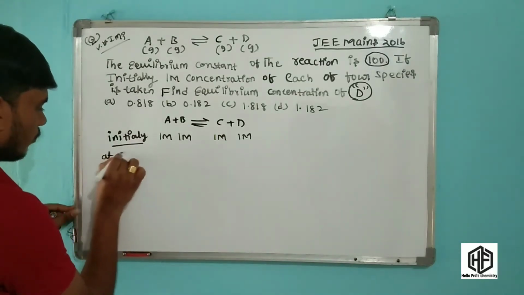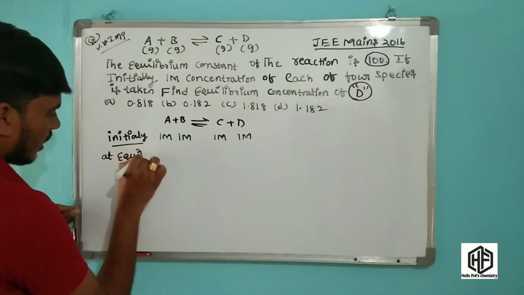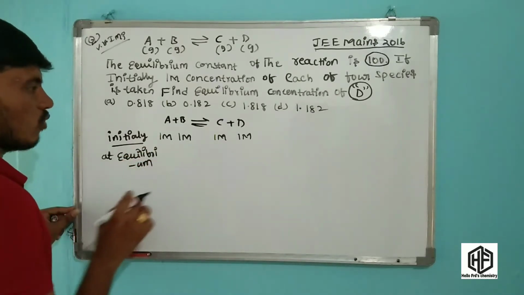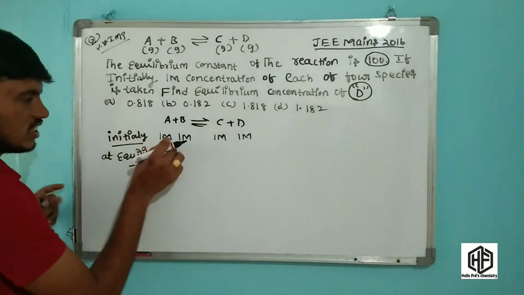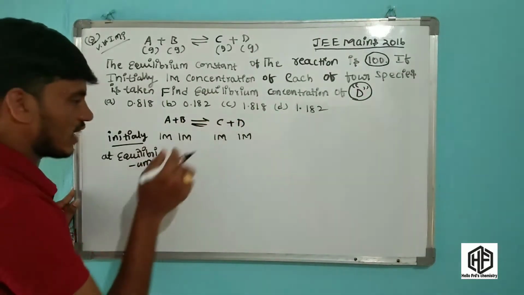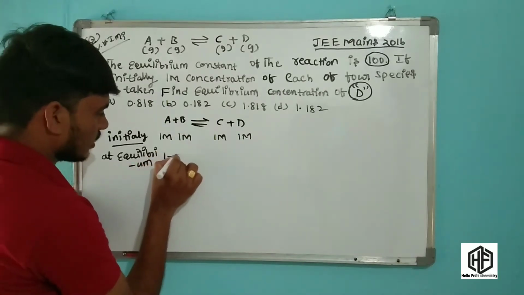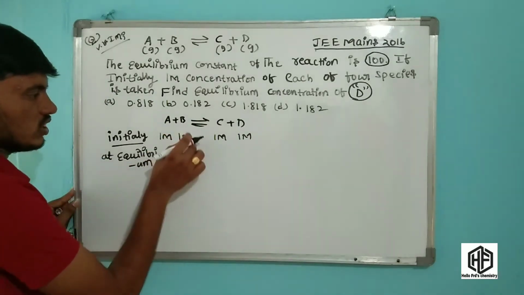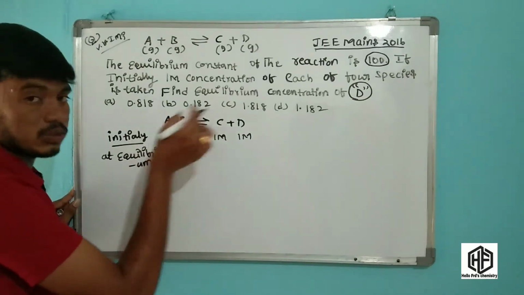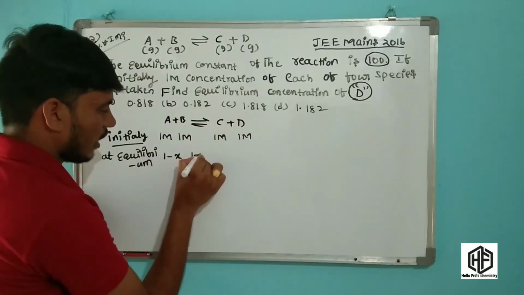Now at equilibrium, friends, what happened? Initially this is 1 mole. At equilibrium, x moles react. Now this is 1 minus x. And next one, initially 1 molar, and at equilibrium x moles react. This is 1 minus x.